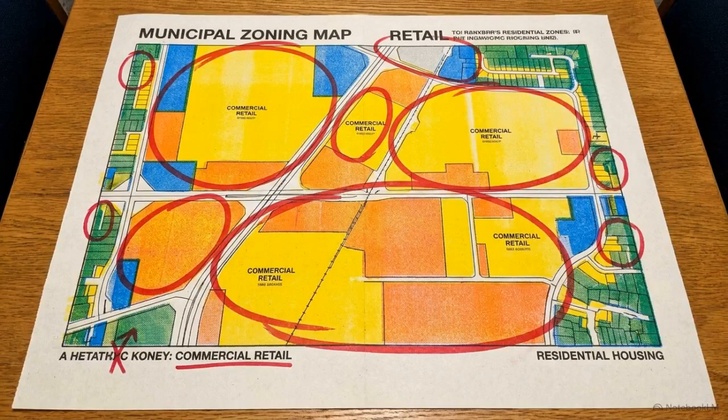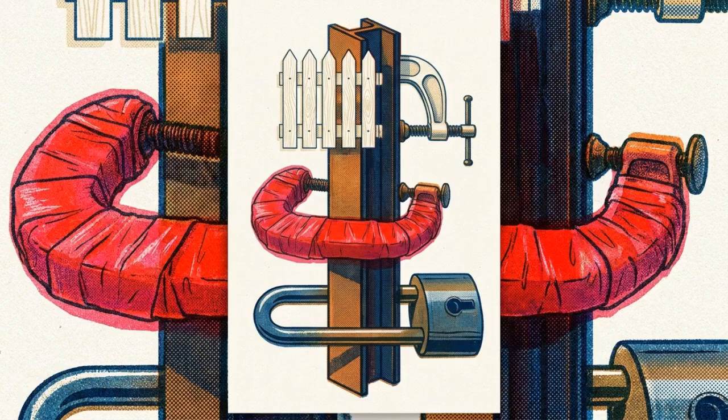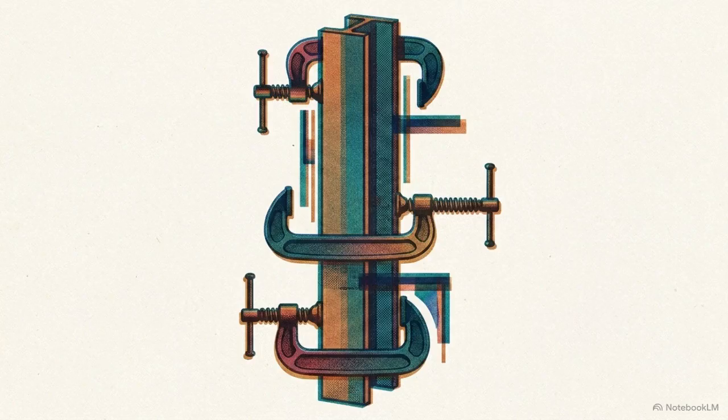It also creates a severe municipal fiscal distortion. Cities are financially incentivized to zone for retail to capture sales tax, rather than zoning for housing. Together, these three forces, zoning, CEQA, and Proposition 13, act as iron clamps. They artificially lock the state's housing supply into an unyielding vertical posture.